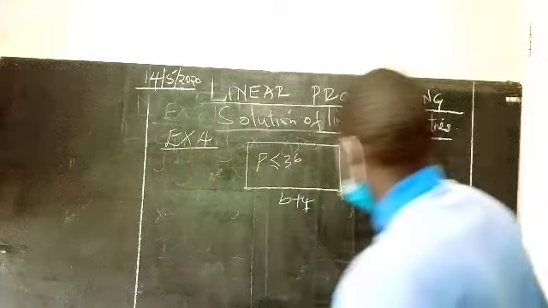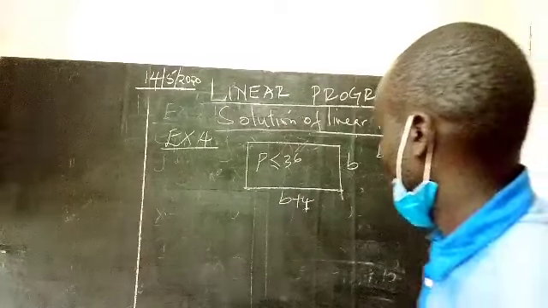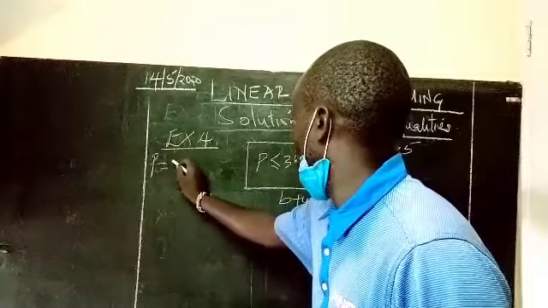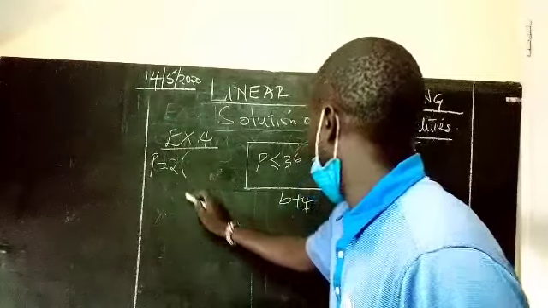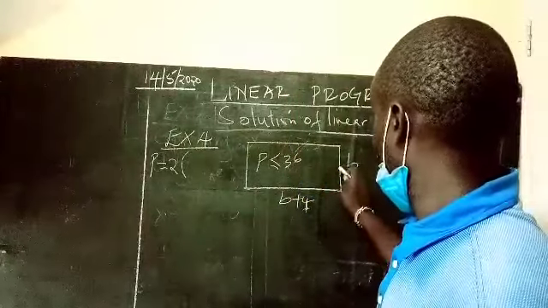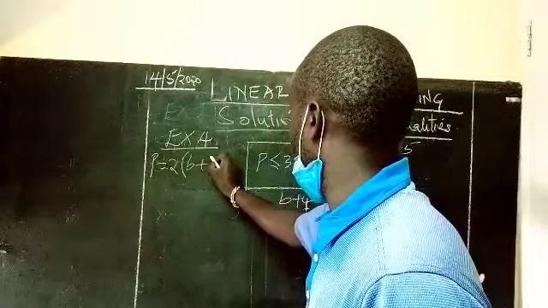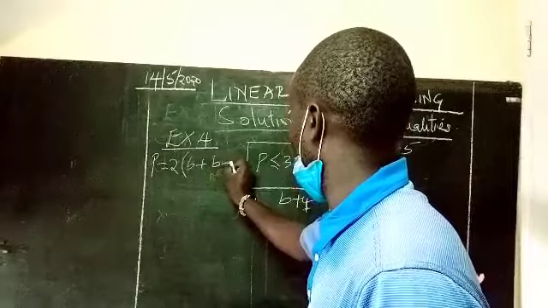So let us try to find the perimeter of this room. We know that it is twice the two sides, that is b, the width, plus the length.